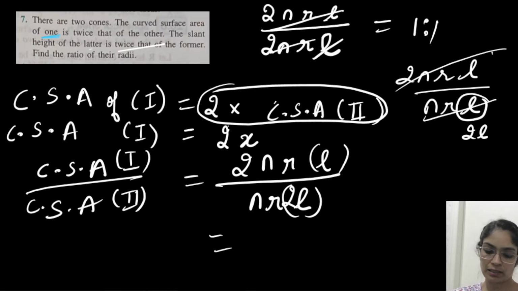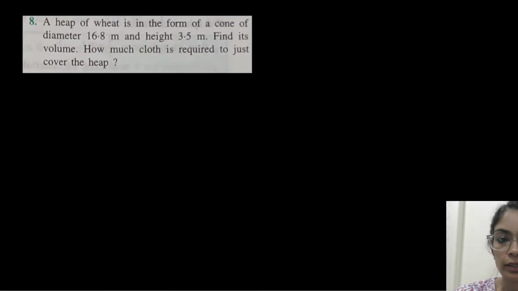So everything is basically getting cancelled. That's why it should be 1:1. Okay, we'll see this question because most of you are sending the answer as 4:1. I'll see this afterwards. Let's do the next question.